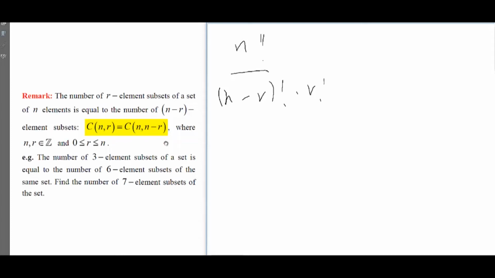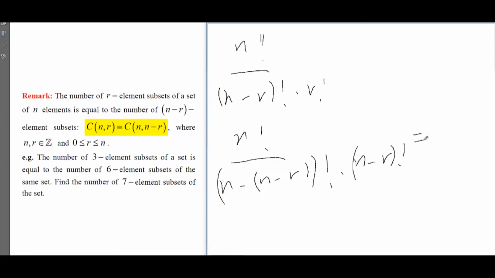So we can also calculate it as n factorial over n minus r factorial times n minus r factorial. Let's simplify it. It will be n minus n plus r. The n minus n will cancel, and r will be left.